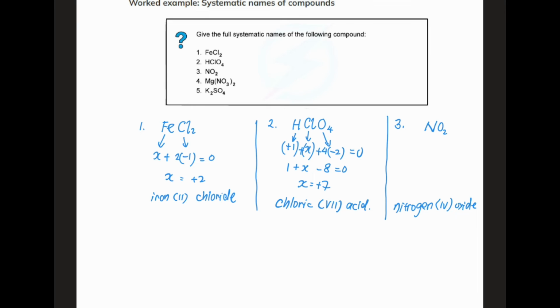So just for your information, magnesium is group 2, and a group 2 metal is always having oxidation number of +2. So we can just call it magnesium nitrate straight away.